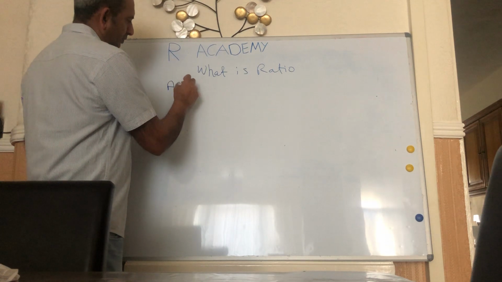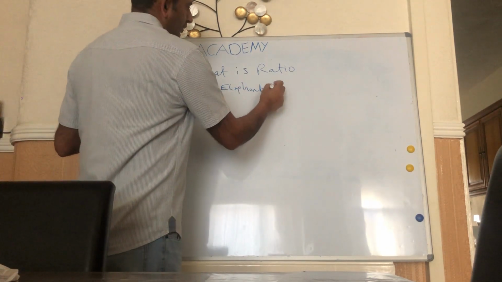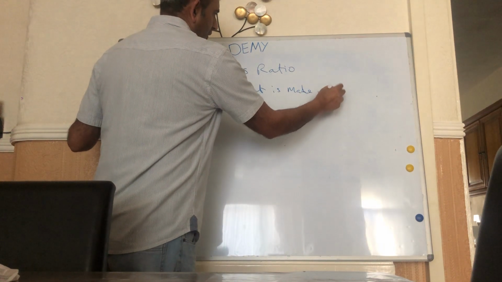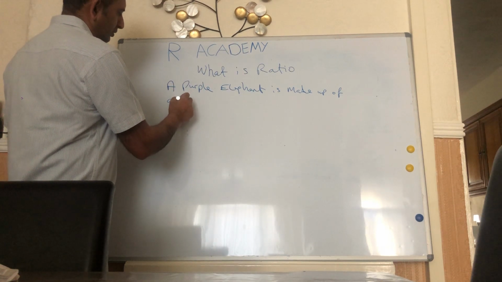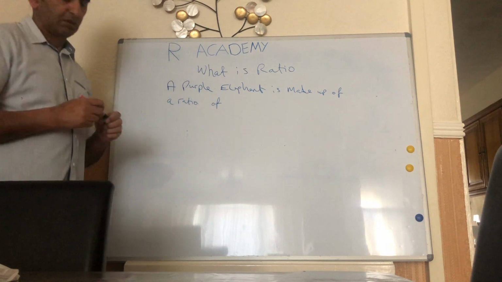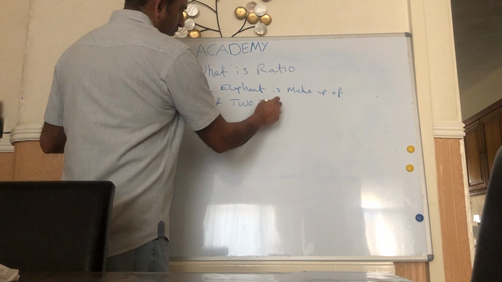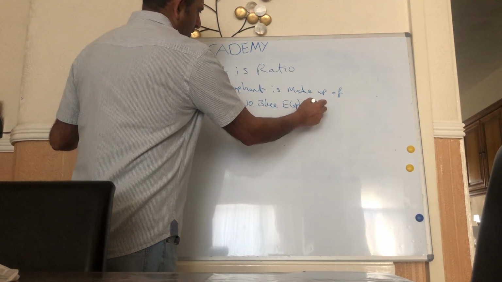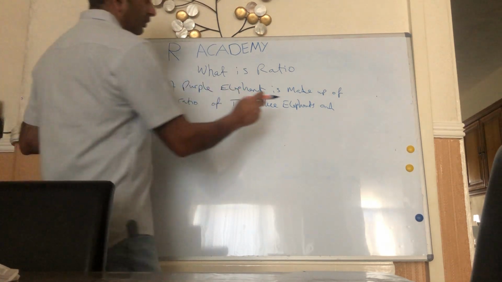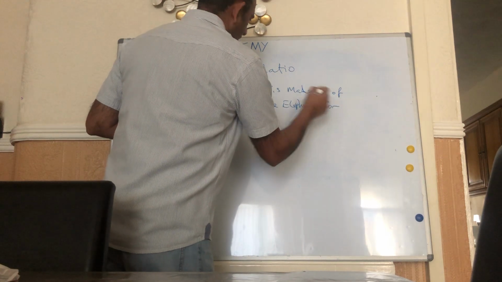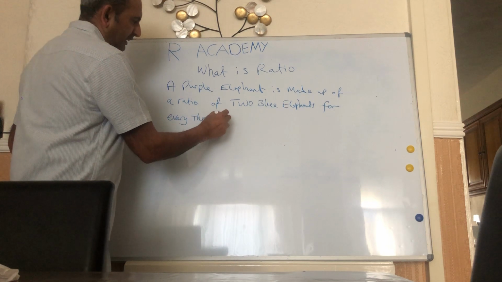Let's say a purple elephant is made up of a ratio of two blue elephants for every three red elephants.